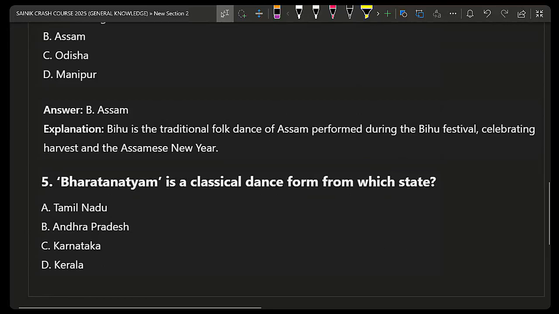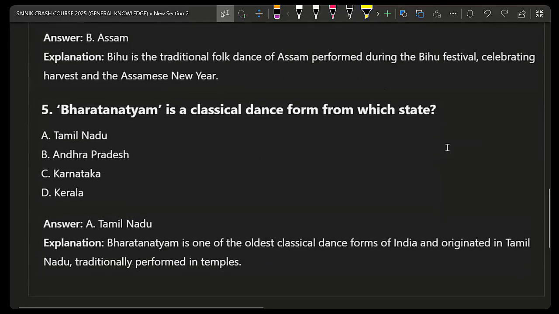Surprisingly, some students gave the wrong answer. Four students said Kerala, five students said Andhra Pradesh, wrong. Seven students only gave the correct answer. It is Tamil Nadu. Bharatanatyam is one of the oldest classical dance forms of India and originated in Tamil Nadu, traditionally performed in temples only. Next question.